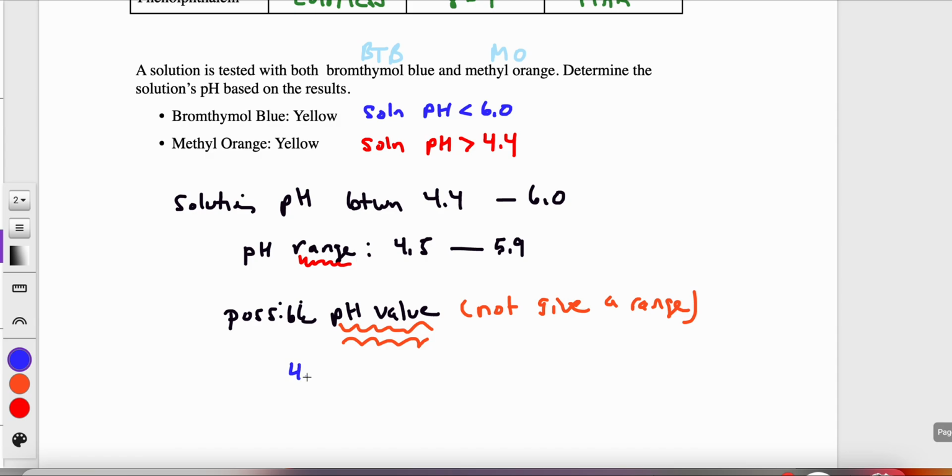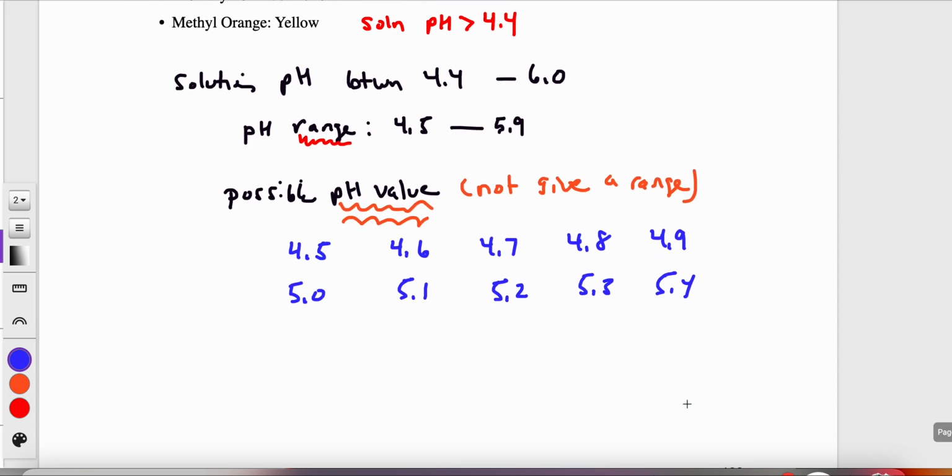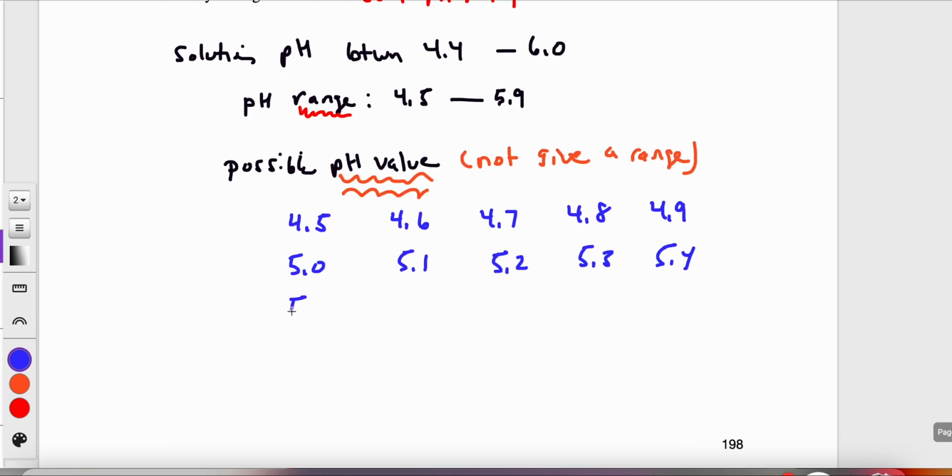You could choose a pH of 4.5, 4.6, 4.7, 4.8, 4.9, 5.0, 5.1, 5.2, 5.3, 5.4, 5.5, 5.6, 5.7, 5.8, 5.9.